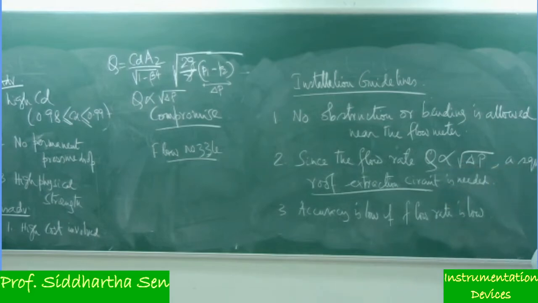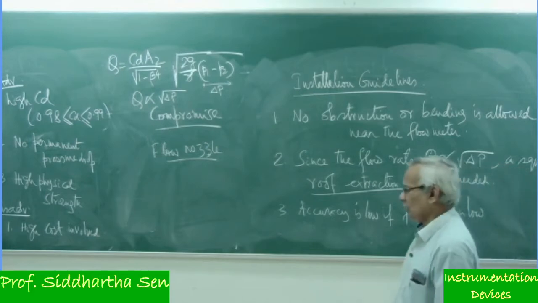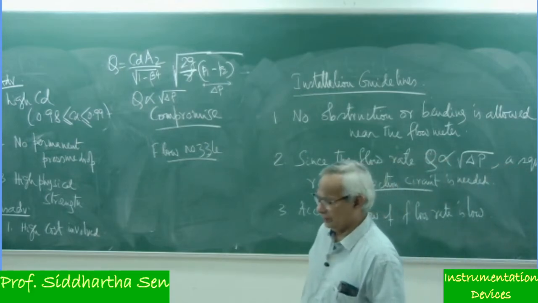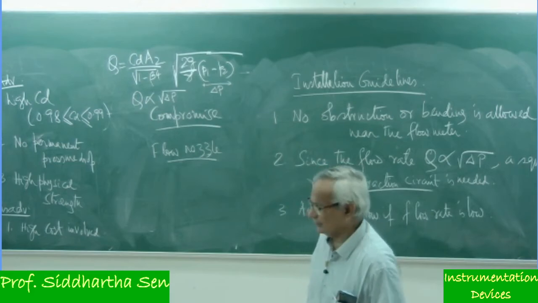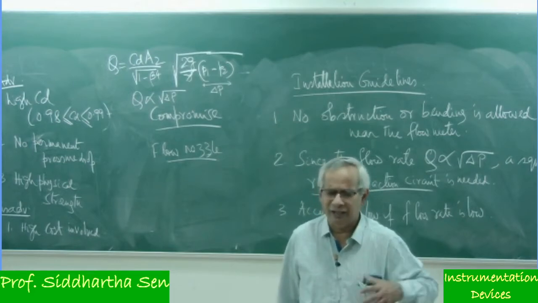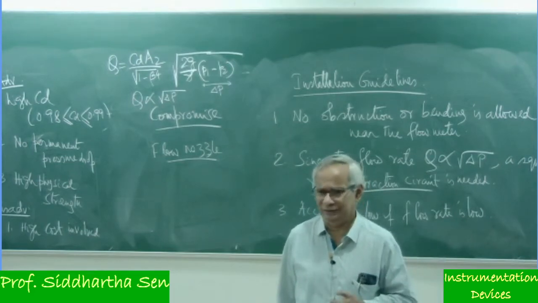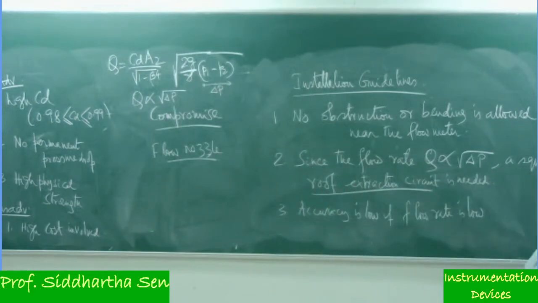But definitely there are advantages of this type of obstruction type flow meter, particularly the venturi, orifice and flow nozzle: it is very rugged and it can handle very high flow rates. There are others, but we will come to those later.